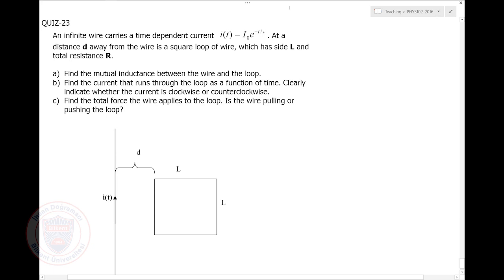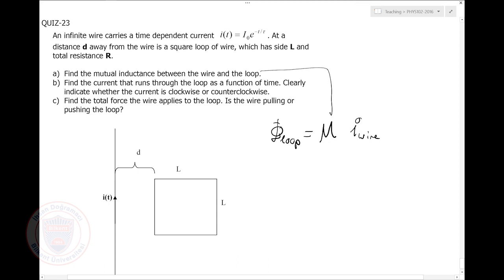The first part of the question asks me to find the mutual inductance. How did we define mutual inductance? Mutual inductance was very simple. The flux through the loop will be proportional to the current through the wire, and the proportionality constant was the mutual inductance.